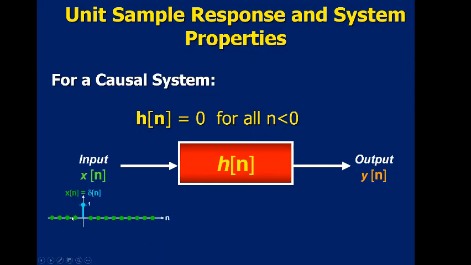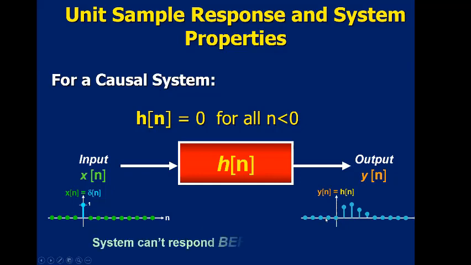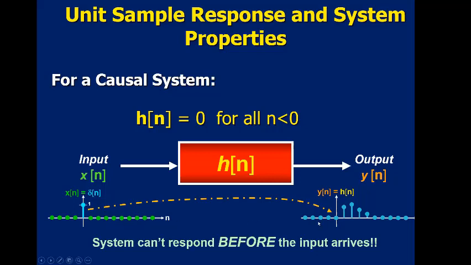That's because my h of n is the response to a single 1 at n equals 0, and so I'm not expecting it to respond before I hit it. If it has any response values for indices prior to n equals 0, that means it responded before I gave it an input. That's definitely a non-causal system. So I can tell causality either from the difference equation or from the unit sample response.